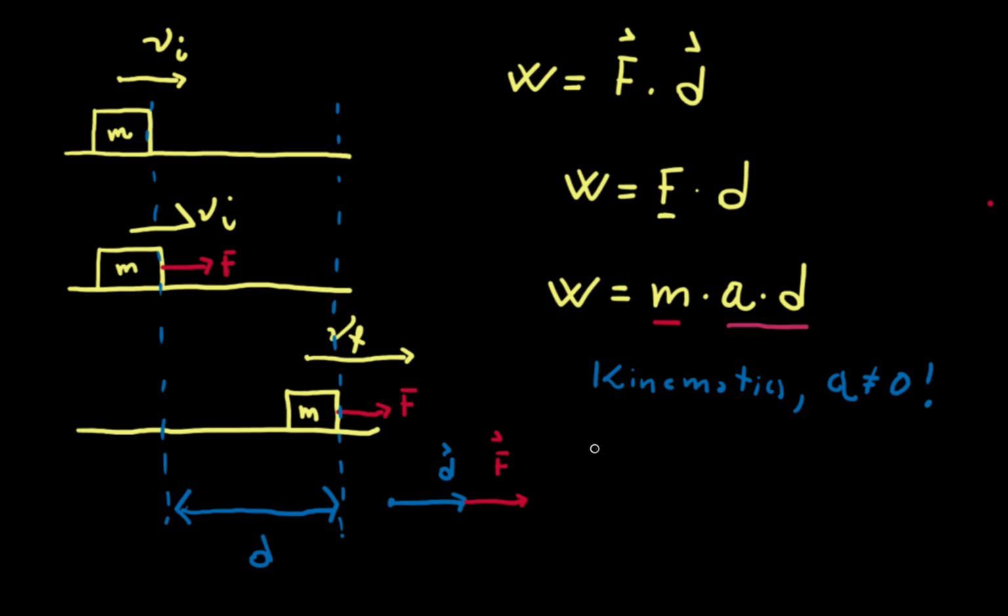The first one is that velocity final equals acceleration times time plus velocity initial. And the distance relation equals 1/2 acceleration times time squared plus velocity initial times time. Okay? We want to move away from using time here.